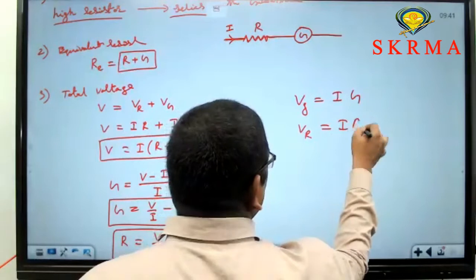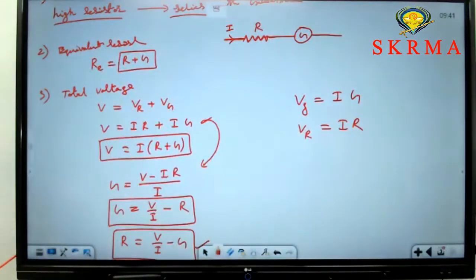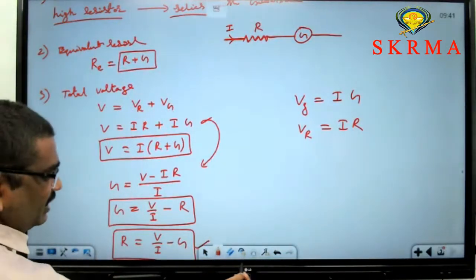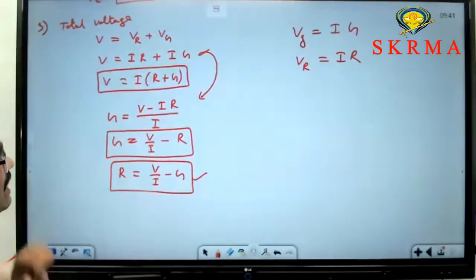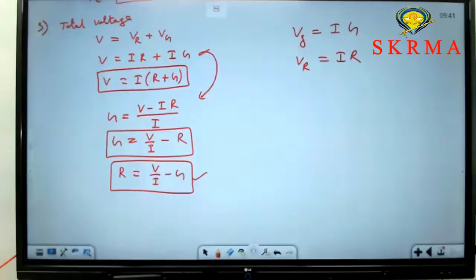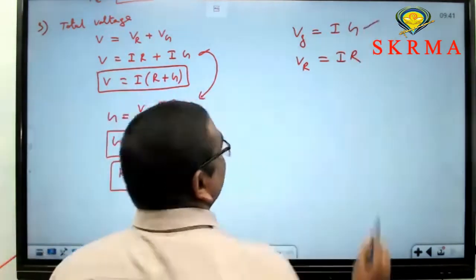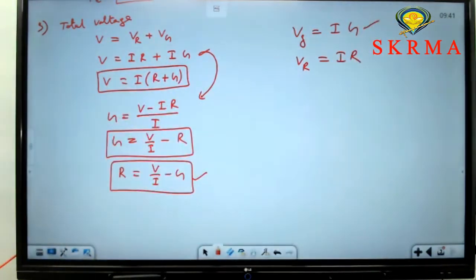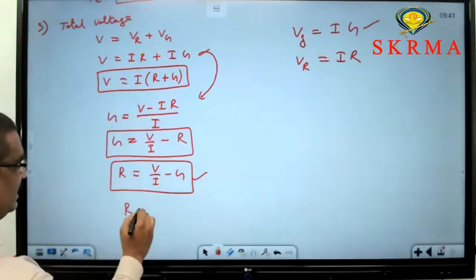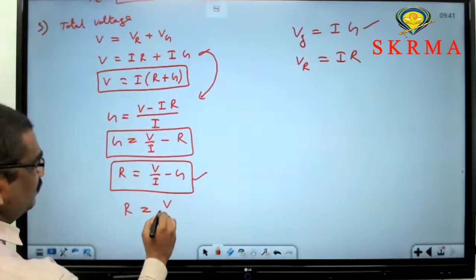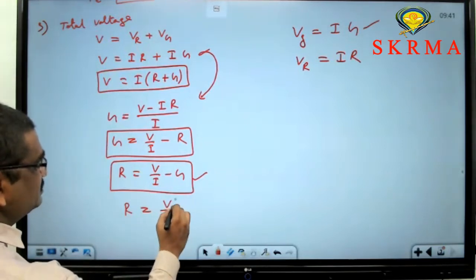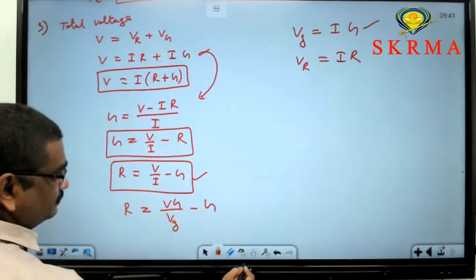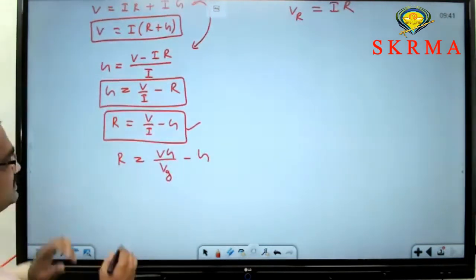I into R. Now, from that equation, I can be written as Vg by G. So R equal to V by I, that is V by Vg by G, minus G. Next, take G as common.